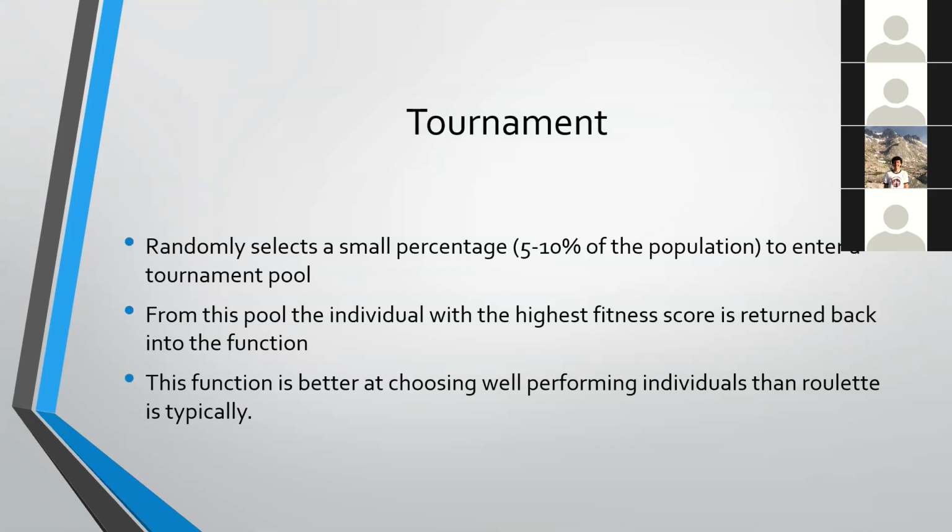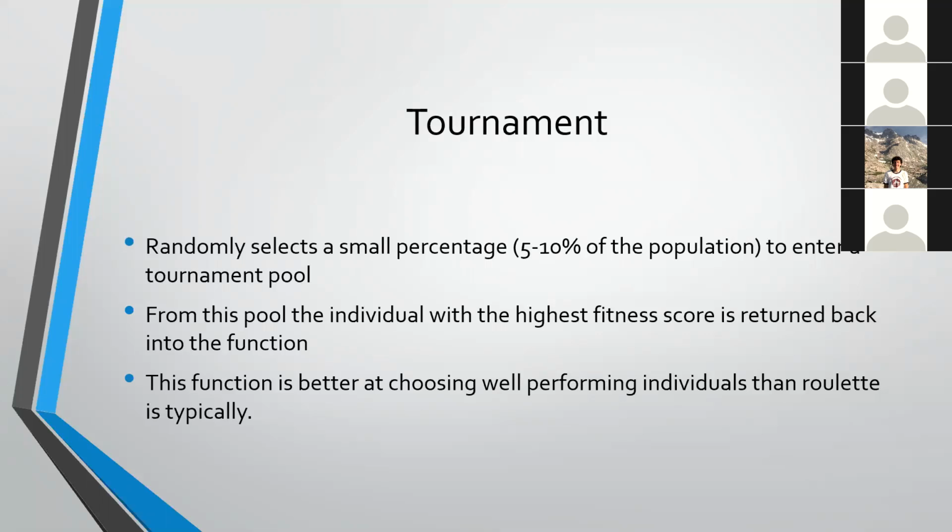Tournament is less straightforward, and it's not really like a tournament as we think about it, like a sports tournament with a playoff bracket where two individuals go head to head and whoever's better goes on. Well, it's kind of like that, but not really. What this will do is randomly select some small percentage, usually about 5 to 10%.